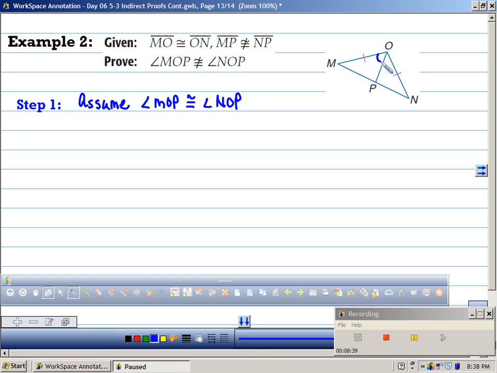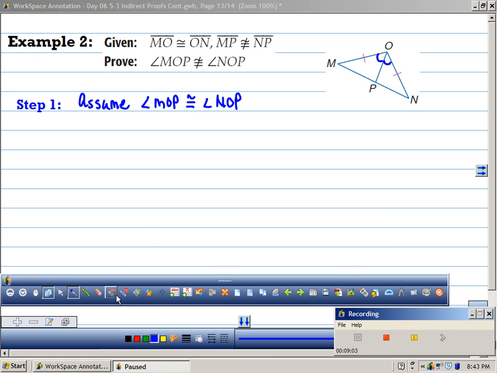So that would tell me that this is congruent to this. And I'm given that MO here is congruent with ON. We now need to go on to say step number 2.